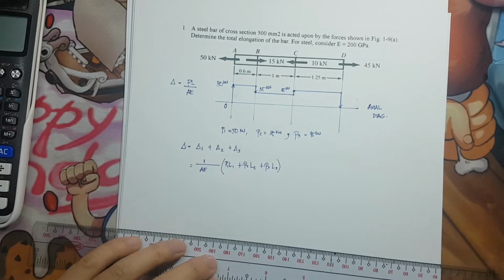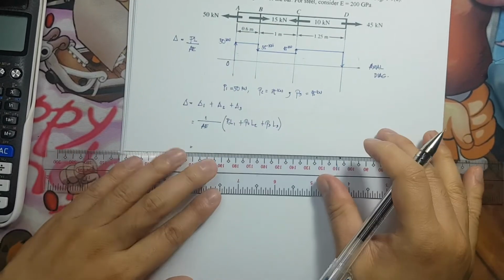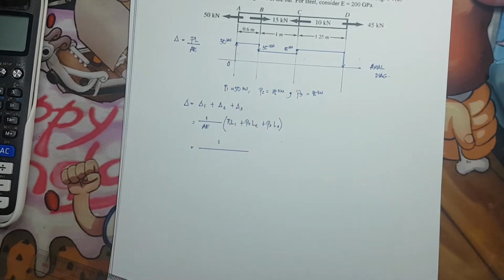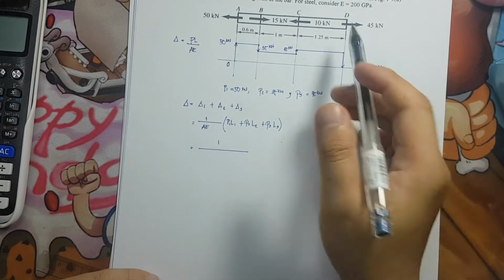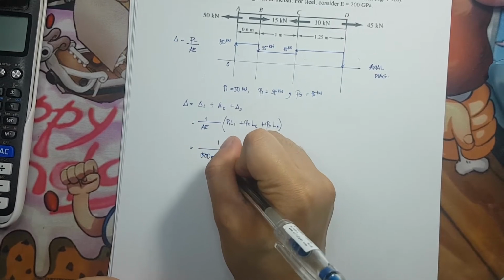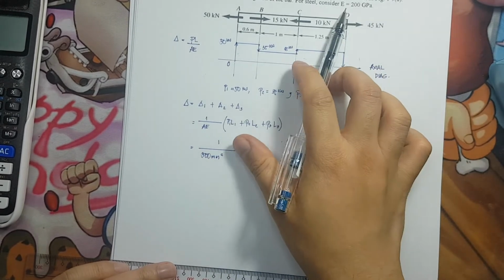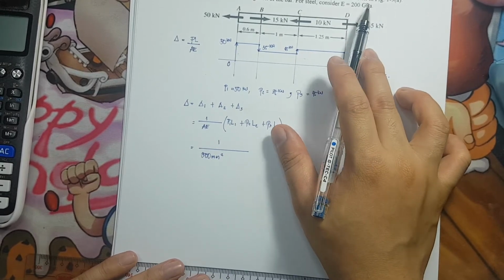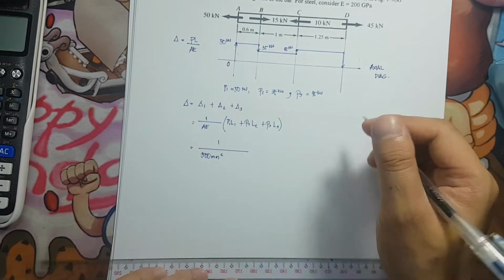Okay, so substituting the values, we will be having 1 over the area, which is 500 mm squared. Now 200 gigapascal, we can convert that to 200,000 megapascals, and MPa is Newton per mm squared.